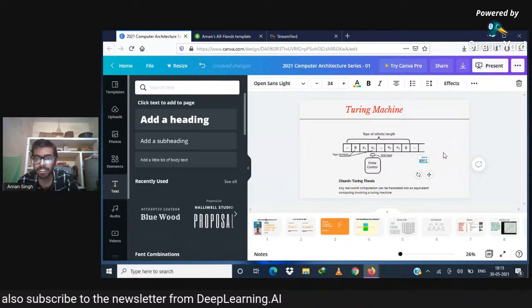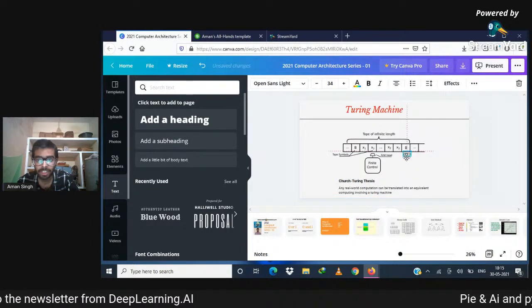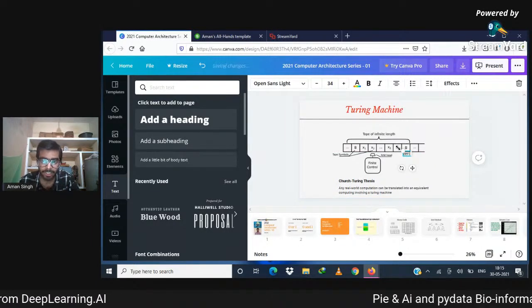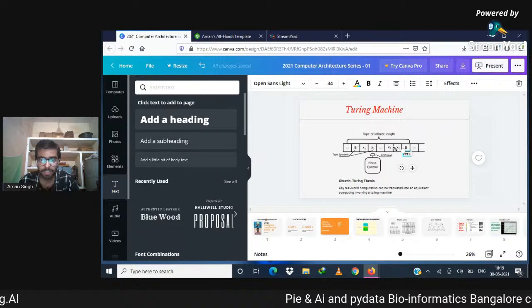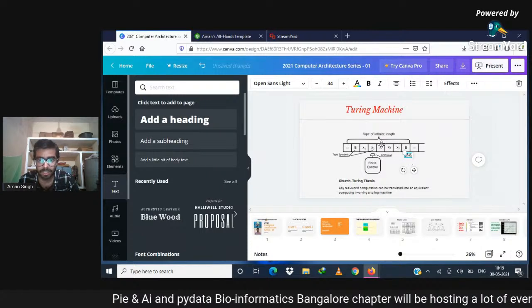Therefore, 0 will be the output here, because here was 9 and here was 1, 2, 3, 4.